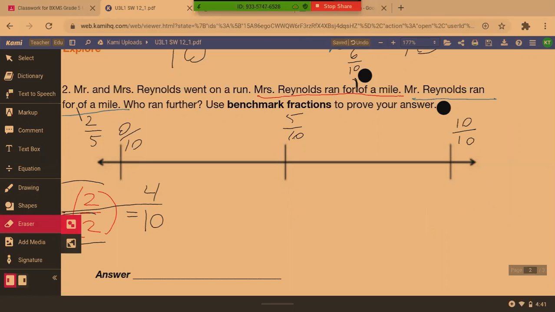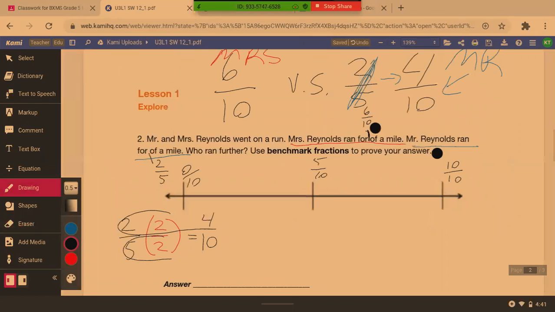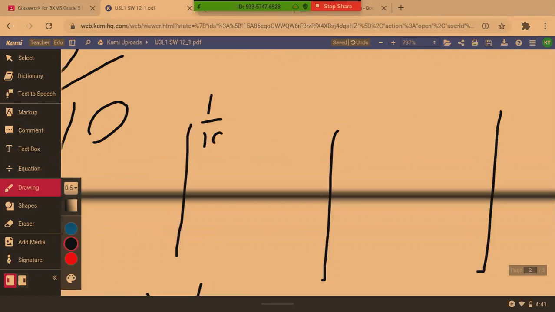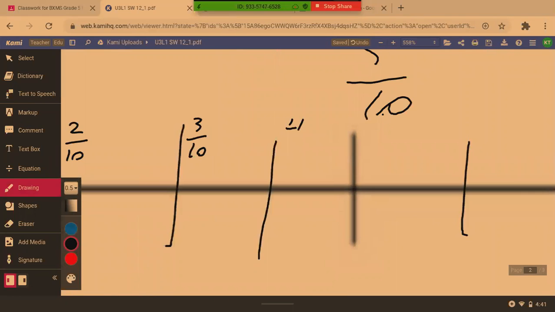Okay. So where would be 6 out of 10? Let's place the missus first. 6 out of 10. Well, just like a number line did before, we need to do 1, 2, 3, 4. Here's 5, 6, 7, 8, 9, and there's 10. So let's label these. 1 out of 10, 2 out of 10, 3 out of 10, 4 out of 10.